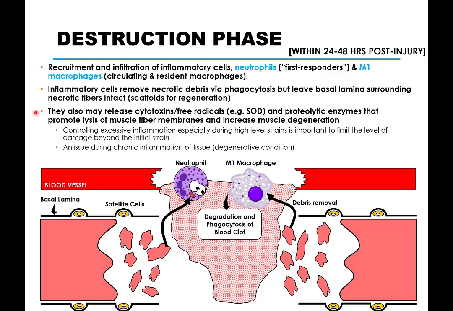These chemicals/molecules include free radicals and proteolytic enzymes, which promote degradation of proteins and protein structures like those found in muscle. So with excessive inflammation, like with a severe injury to the muscle, there will be elevated levels of free radicals and proteolytic enzymes released by the inflammatory cells.